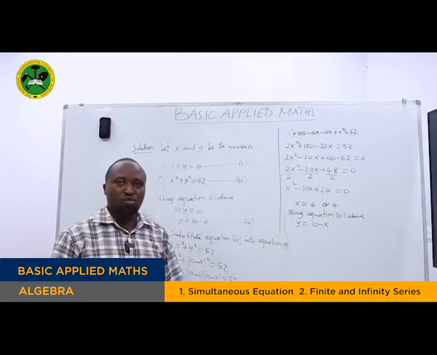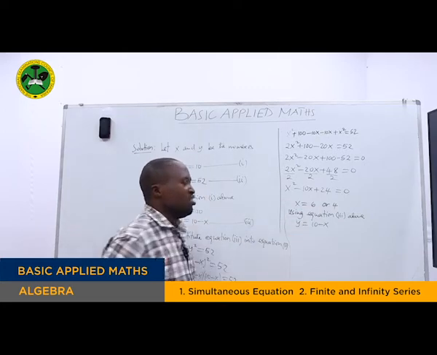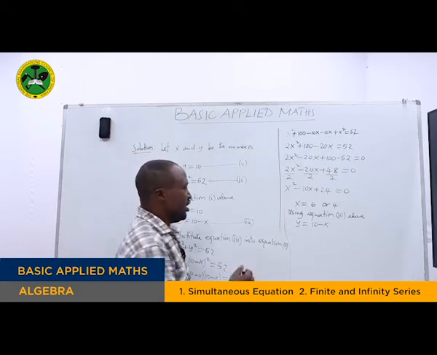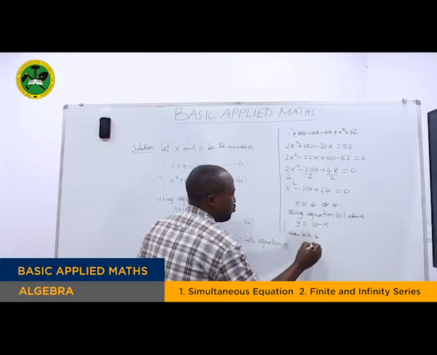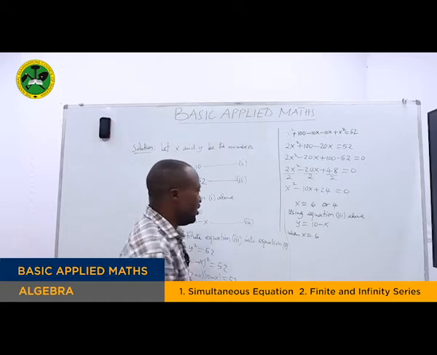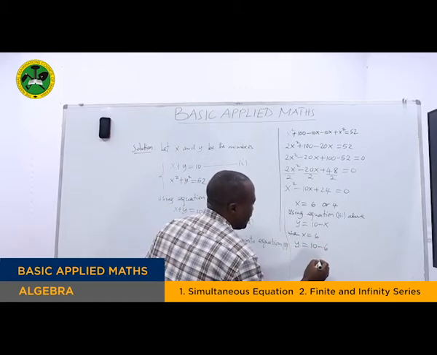Y is equal to 10 minus x, and we have values of x. So it's just a matter of substituting values of x. Now, when x is equal to 6, we are going to get the first value of y. That is, y is equal to 10 minus 6.